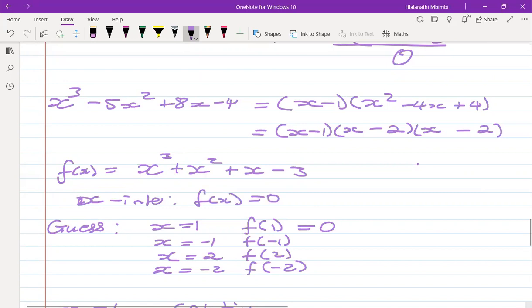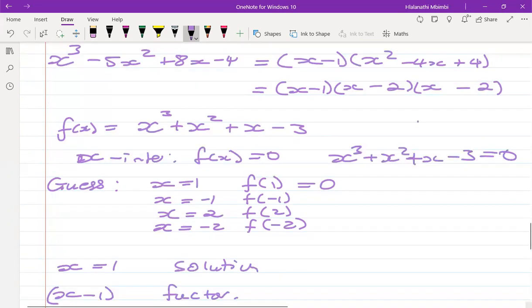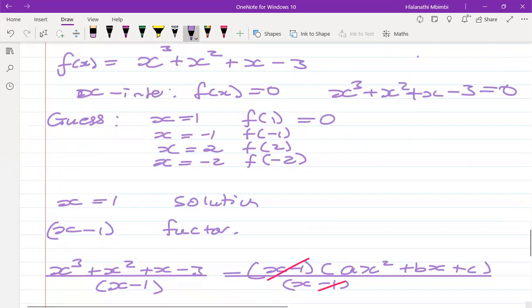So that's why you end up having x cubed plus x squared plus x minus 3 is equal to 0. So basically, they give you the function that you were given.